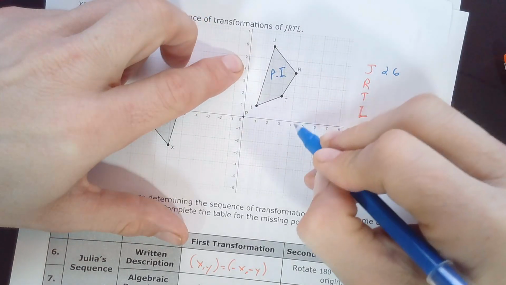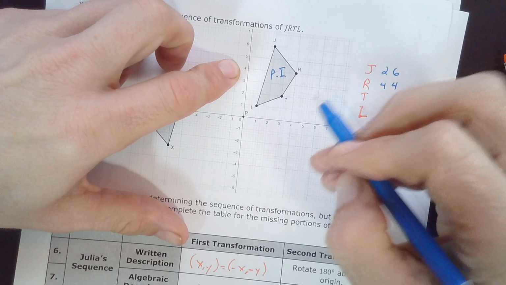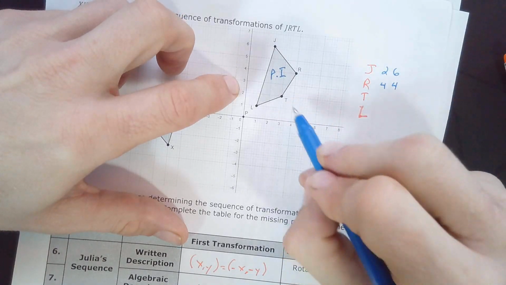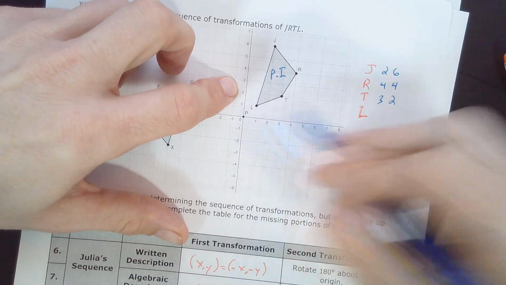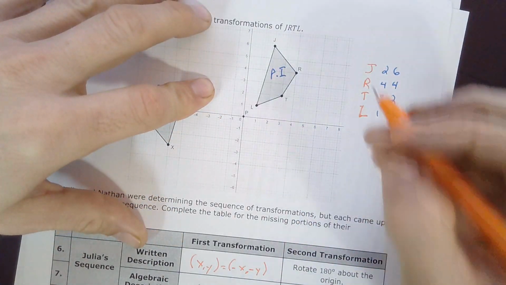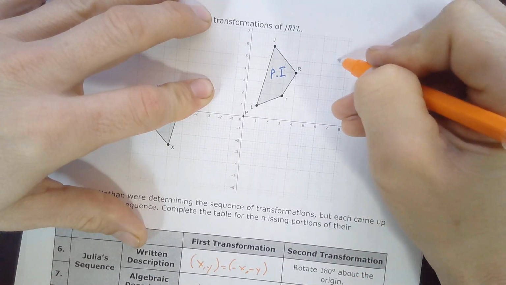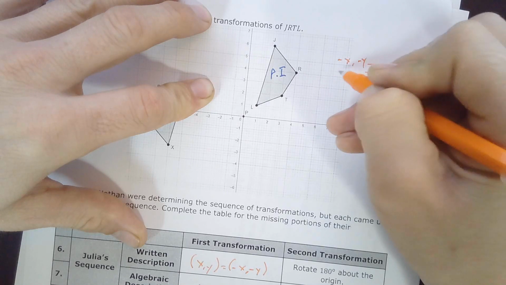R is 4 and 4. T is 3 and 2. And L is 1 and 1. All right, coordinate pair comparison is negative x, negative y. All of these are going to turn negative.